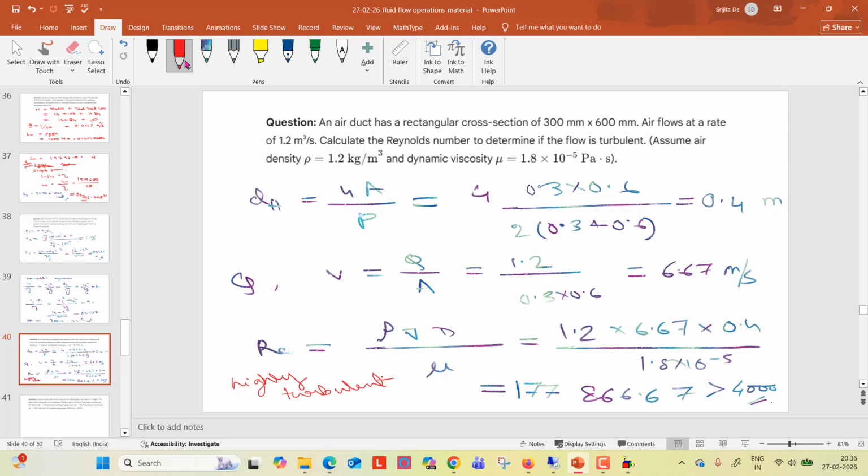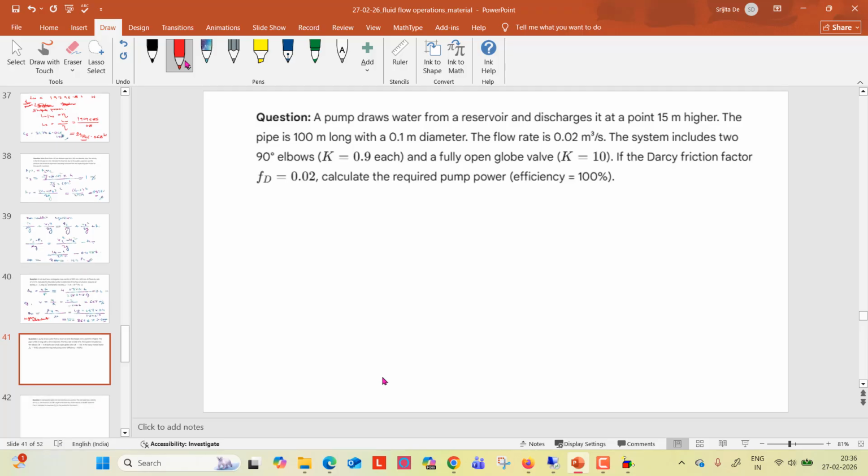Next, a pump draws water from a reservoir and discharges it at a point 15 meter higher. The pipe is 100 meter long with a 0.1 meter diameter. The flow rate is 0.02 meter cube per second.